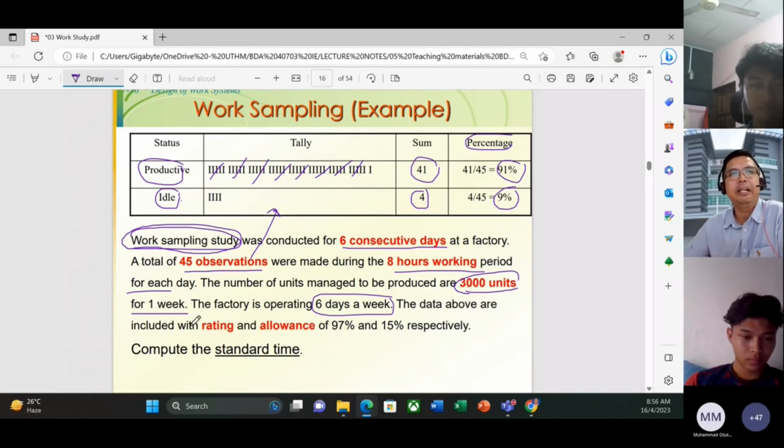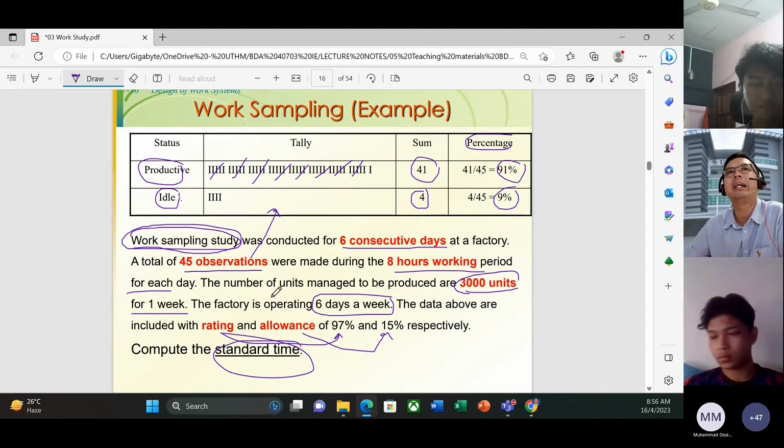And the data above include the rating and allowance score. The rating they give you is 97%, and the allowance they give you is 50%. Compute the standard time. So how do we calculate this standard time? Please remember the work sampling formula.